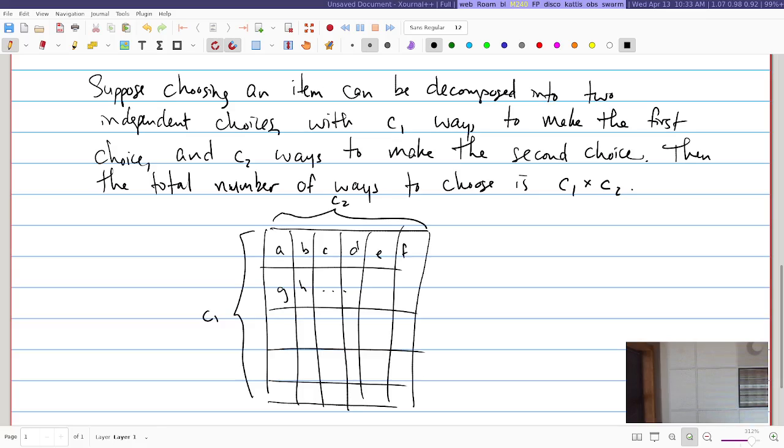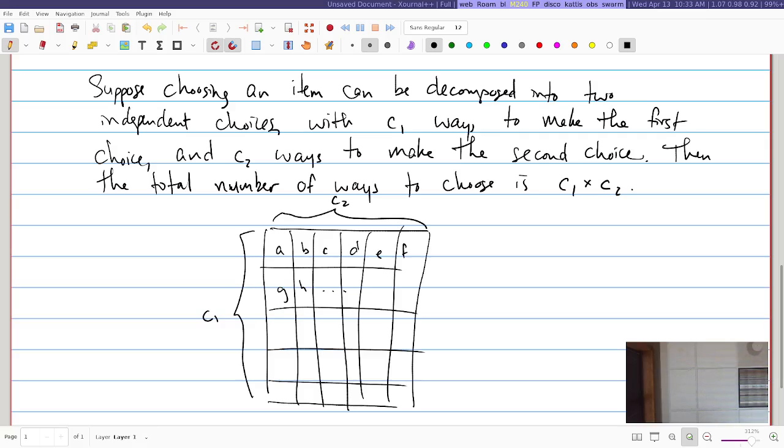And in order to choose something in the grid, I can say, well, independently I get to choose what row I want and what column I want. And when I say independent, that means which row I choose has no effect on which column I'm allowed to choose. And vice versa, right? I can choose any row I want, and then regardless of which row I chose, I can now choose any column I want. And every choice of a row and a column uniquely determines one of the cells that I've chosen.